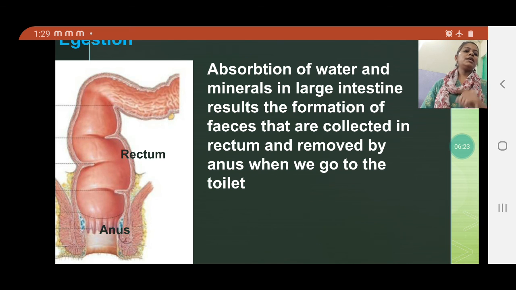So one complete cycle takes 24 to 30 hours, and after that the next process starts. During this period we take food every 3 to 4 hours, and that keeps on digesting, then absorbing, and then storing waste material in the rectum. So this is how digestion is completed inside our body with the help of the different digestive organs.